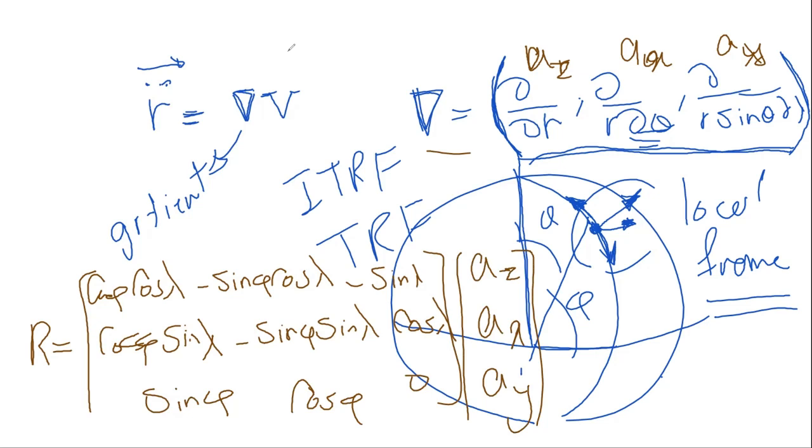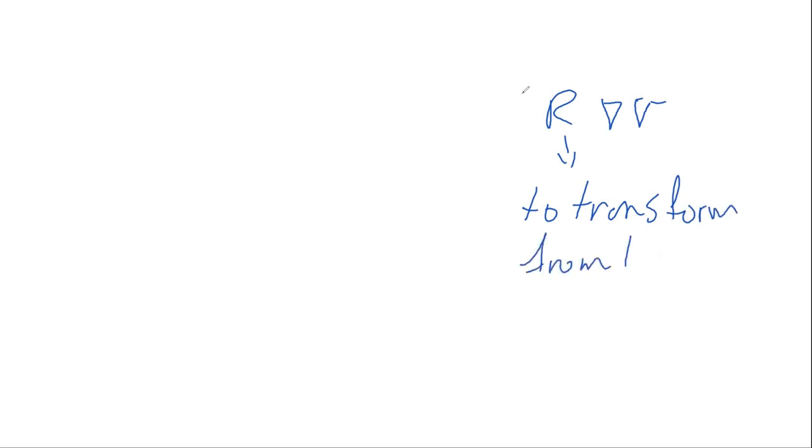So therefore we come to another long derivative. Then if I take the gradient of the potential, which is a vector, I will multiply it by a rotation to transform from local to ITRF.